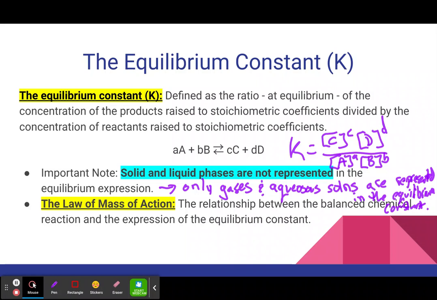So the law of mass action allows us to write the equilibrium constant K equal to the concentration of C to the lowercase c power, times the concentration of D to the lowercase d power, all over the concentration of A to the lowercase a power times the concentration of B to the lowercase b power. That's what allows us to write that expression. Let's continue on.